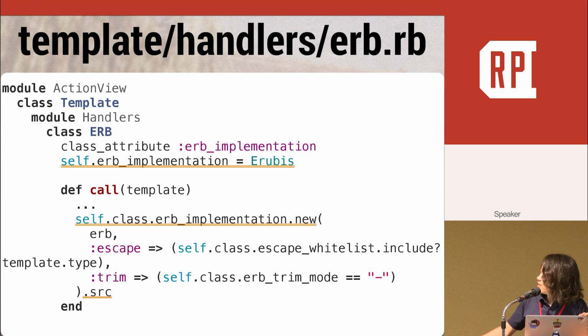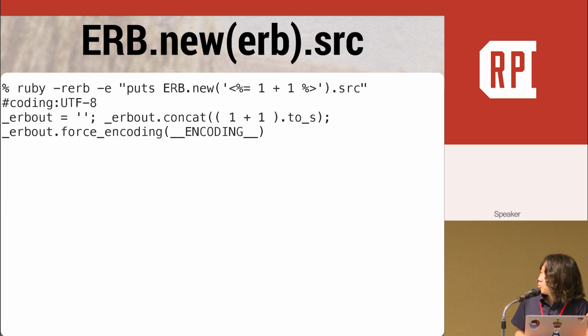So anyway, looking at this code, it executes ERB or Erubis .new, passing the template string into the initializer, and then calls the .src method. Then it returns back the HTML string. It actually works like this.